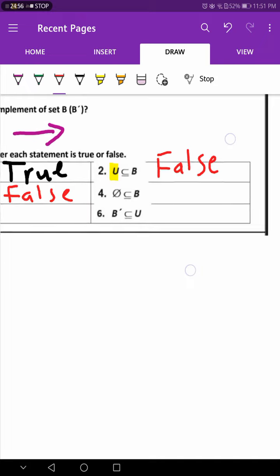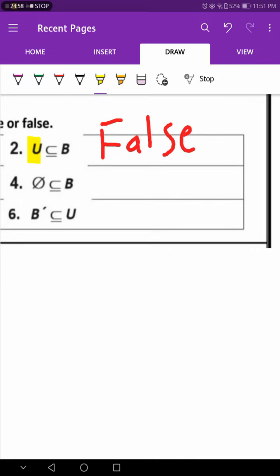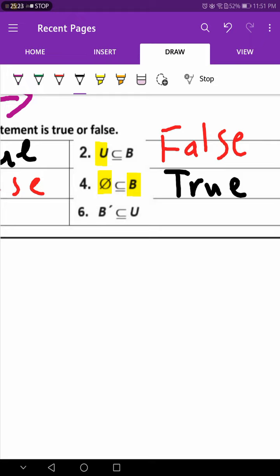Now number 4, is phi a subset of B? Clearly yes. If you have phi a subset of any set, directly answer true. Phi is a subset of any set in the world, so without hesitating, the answer is true.